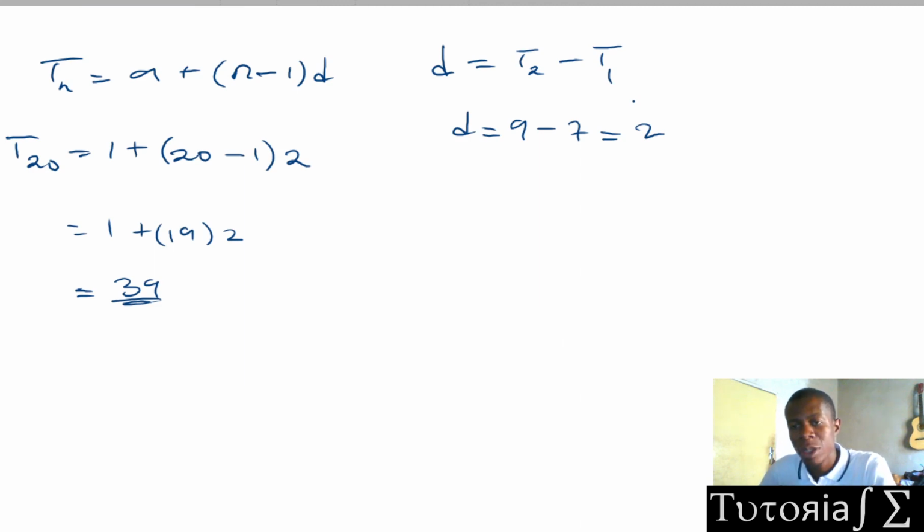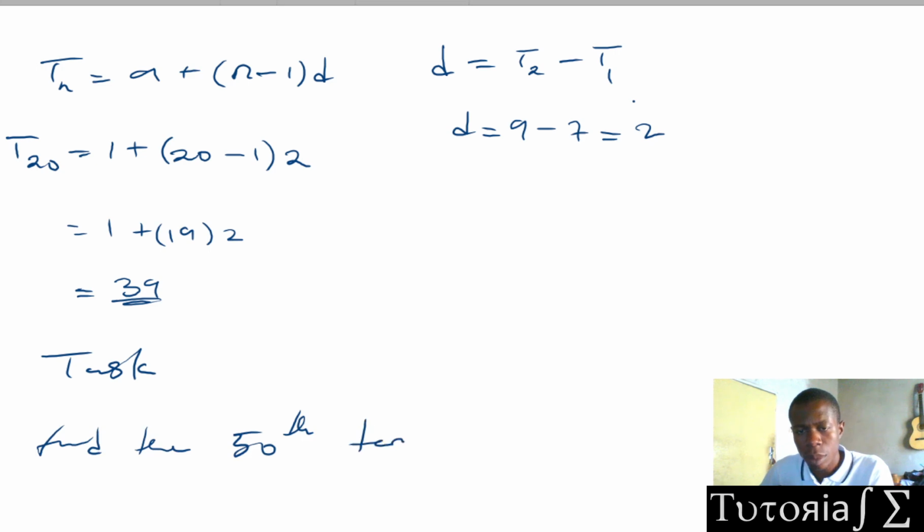I'll leave you with one task on arithmetic series: find the 50th term of the following AP.